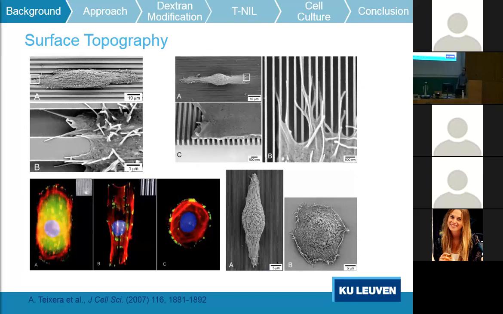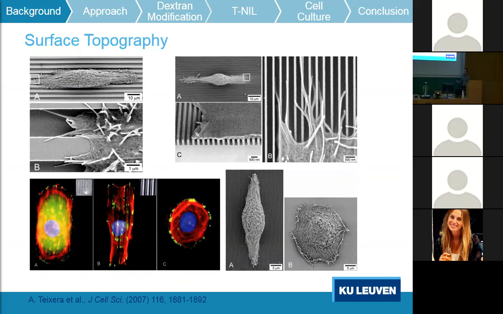The surface topography can impart an influence known as contact guidance. In essence, this is a mechanical interaction between the cell and the surface that is able to influence a cell's orientation and even its shape or morphology. And this is quite interesting because simply through the alteration of a cell's shape, you can influence how it behaves and even how it develops.